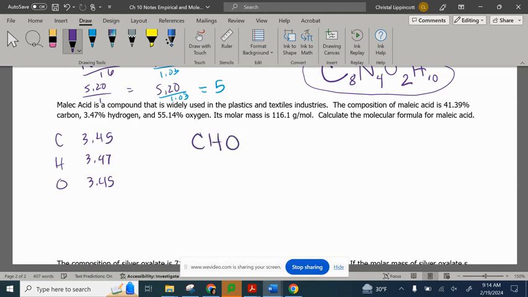So there is my empirical. So my molecular is that.